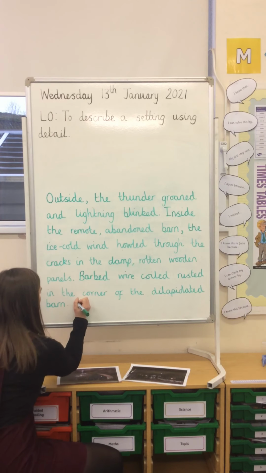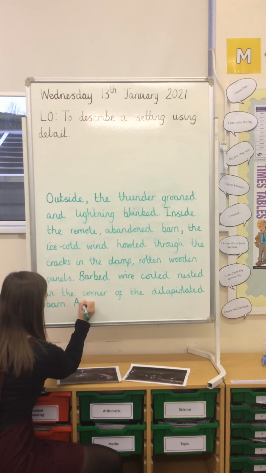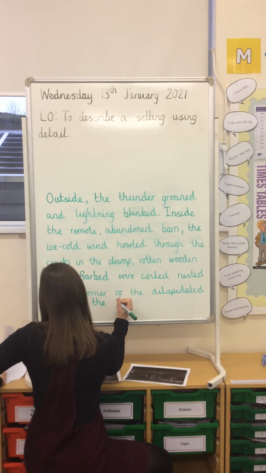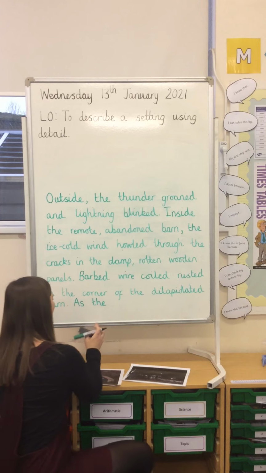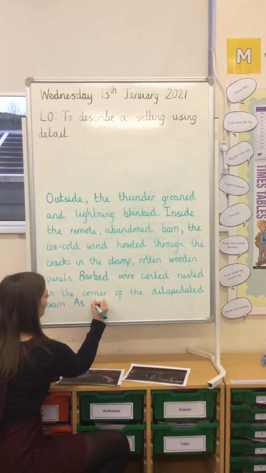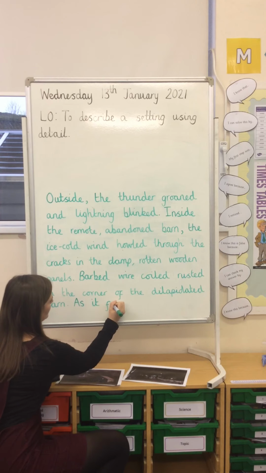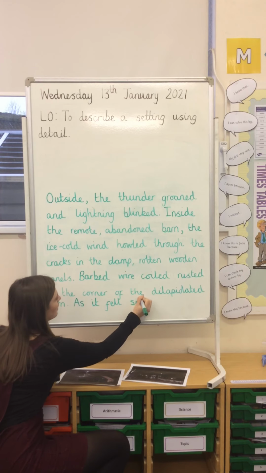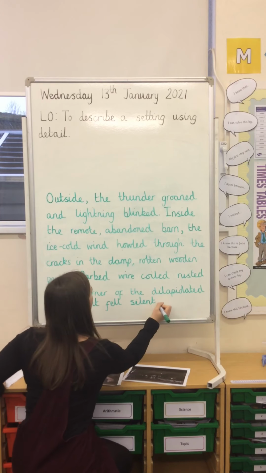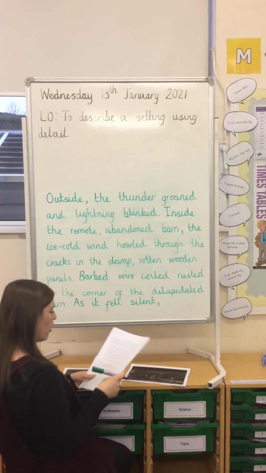So I'm going to say here, as the, oh, I don't want that, as the wind, I've already said that. I can use a pronoun, and I can say, as it fell silent. What do I need after my fronted adverbial and my sentence opener? That's right, I need a comma.